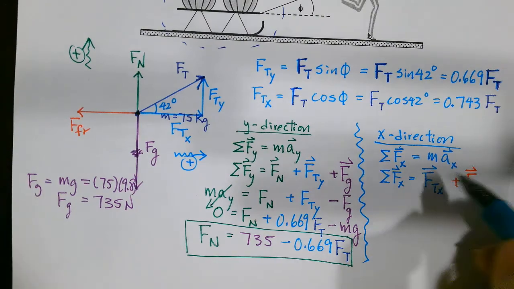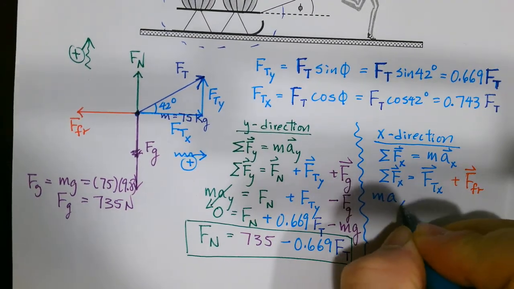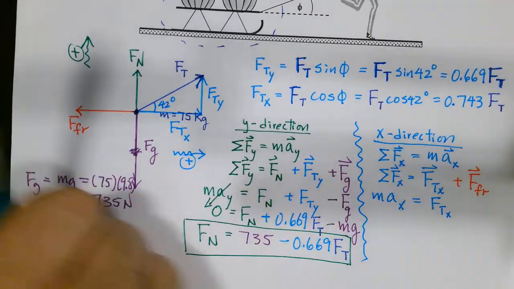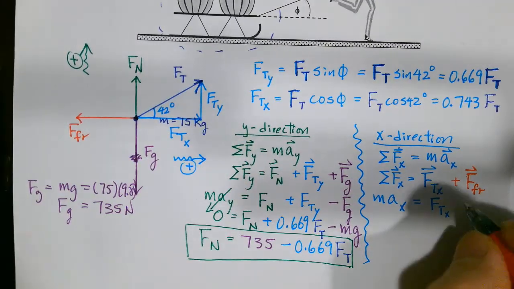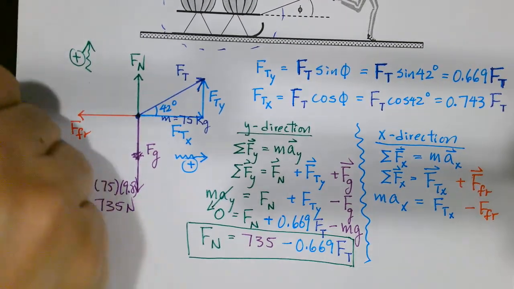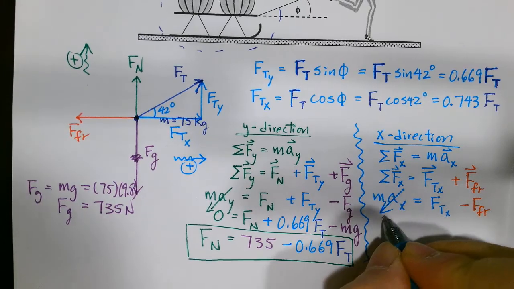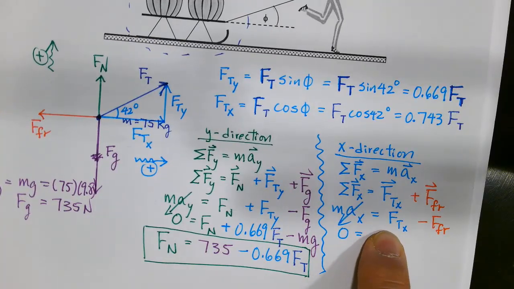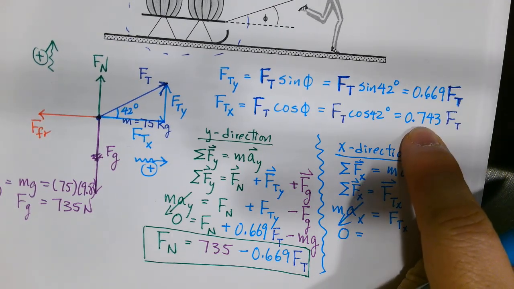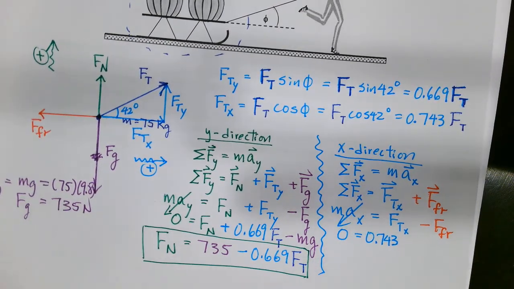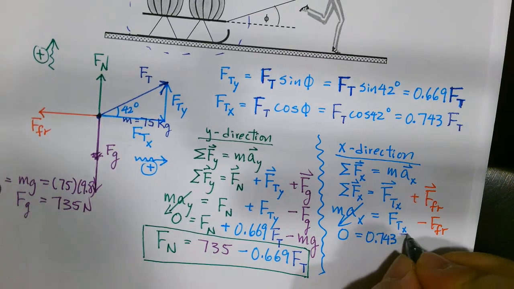So when I set these equal to each other, max is equal to Ftx positive. F friction, since going in the opposite direction, is negative. We know ax is 0. We already established that. We also said Ftx is 0.743 F tension, right?